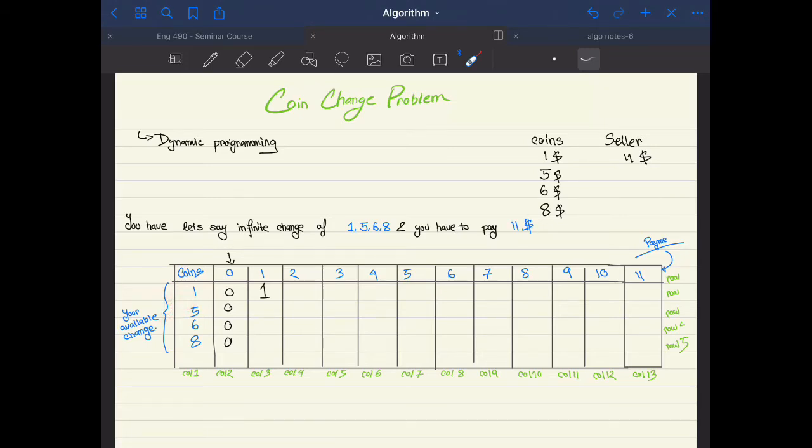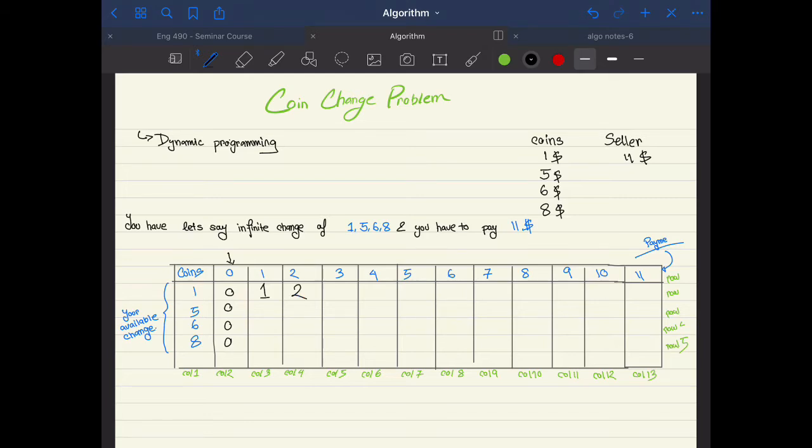So for this case, let's say if it was 5 and we'd be dealing with 5 here, we will go 5 steps back on the left side. So 1, 2, 3, 4, 5, similarly like this. For this case, we'd go 1 step to the left and then add 1. So on the left we have 1, plus 1, that would be 2.